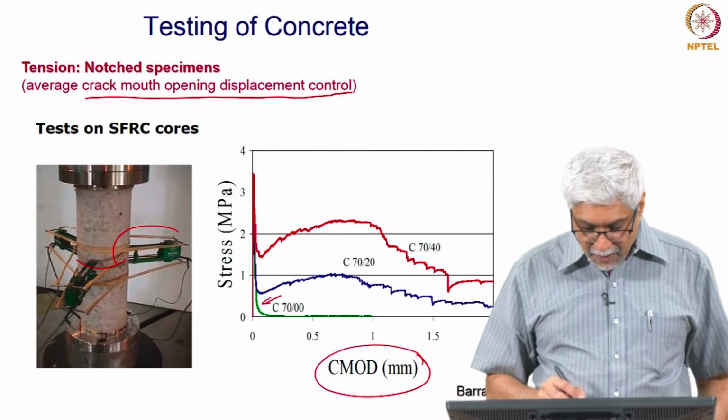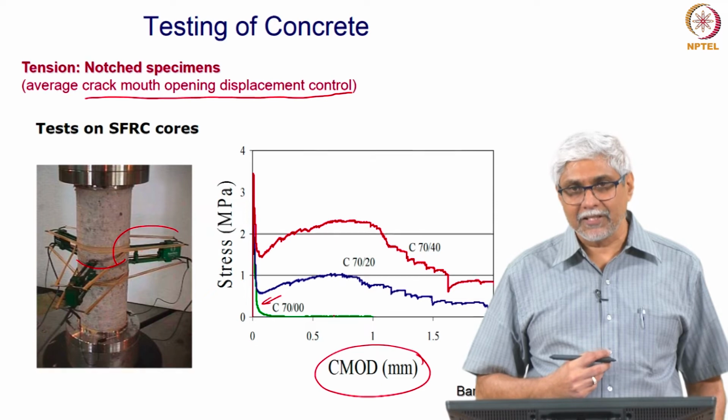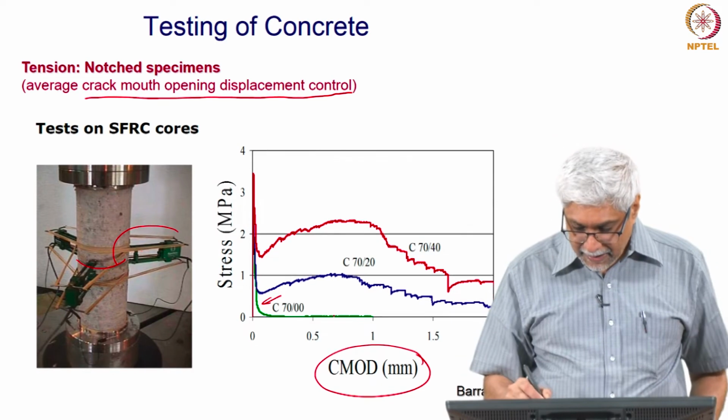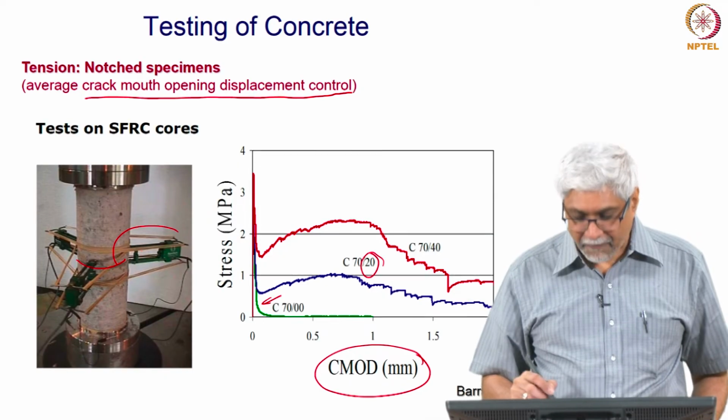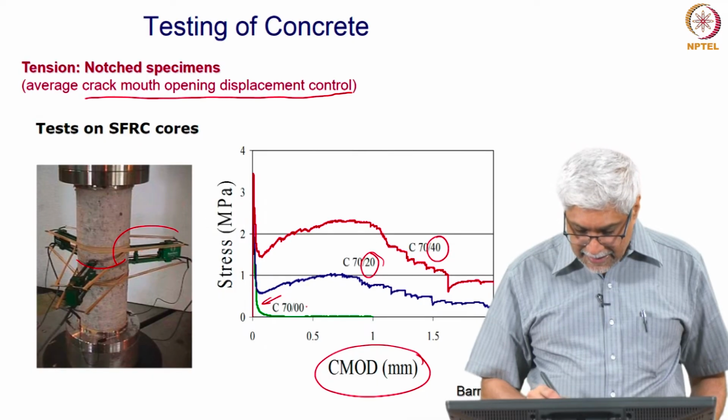This green curve almost shows no stress or no load carrying capacity after the first crack, it just fails. You are trying to open this and suddenly it breaks, but something with about 20 kg of fibers will have some load carrying capacity, 40 kg of fibers, and this is like an M70 concrete.